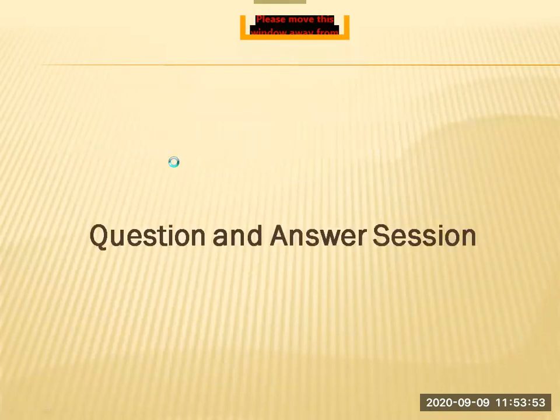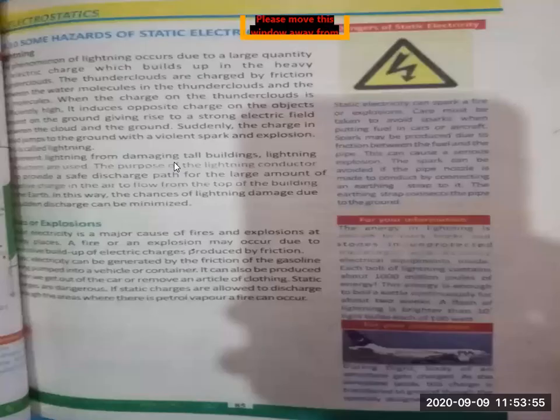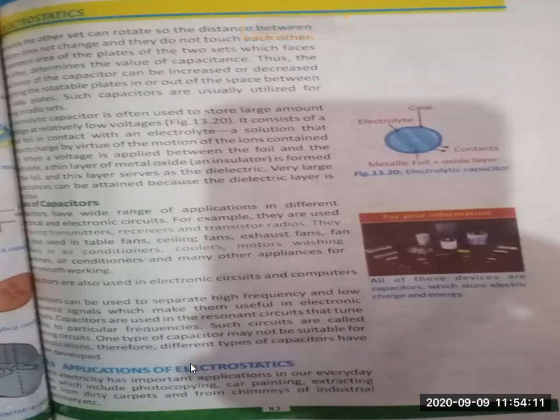So I repeat what we did today. We studied the applications of electrostatics. I told you electrostatics means charges at rest, because this is the branch of physics which deals with charges at rest.